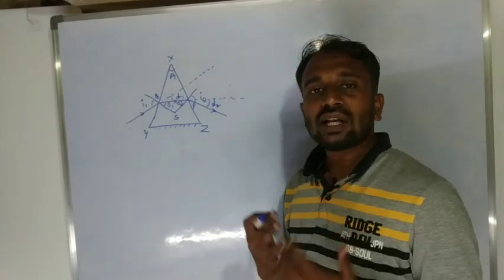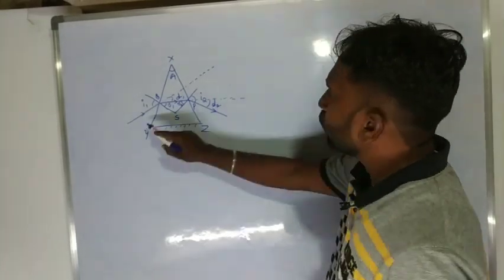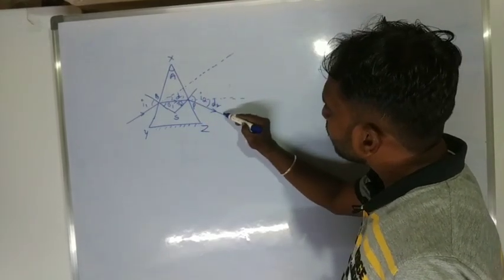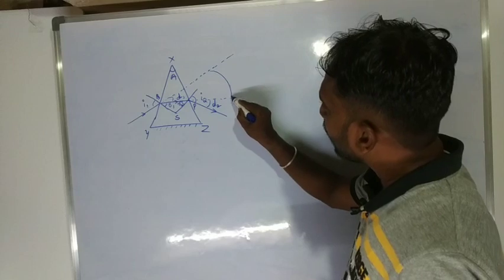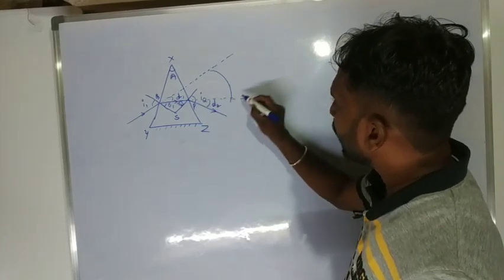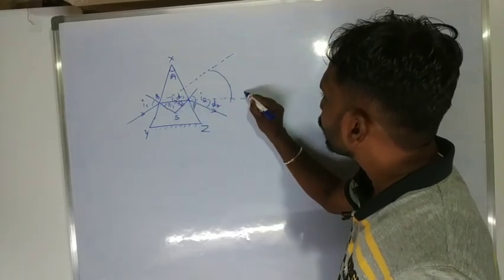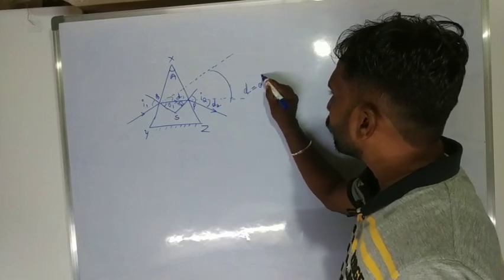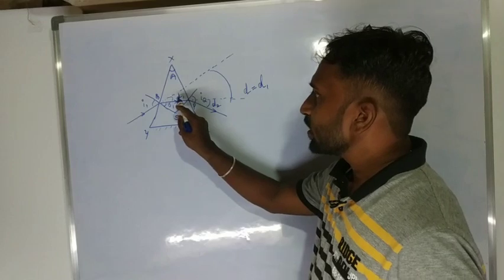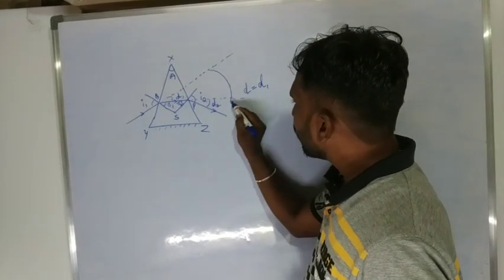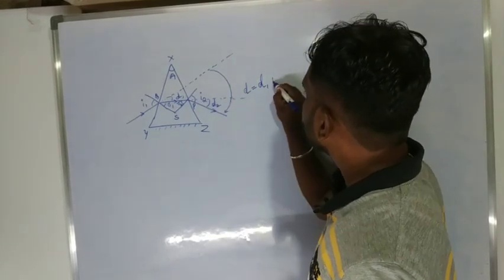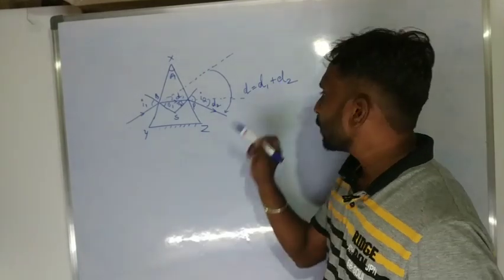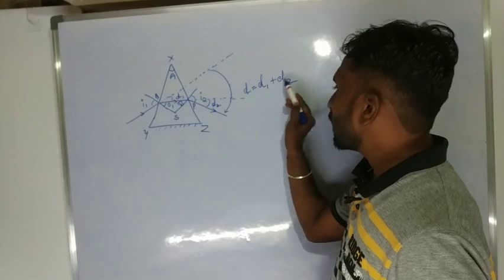Then the total angle of deviation, between the extended incident ray and the emergent ray: D is equal to D1 plus D2.